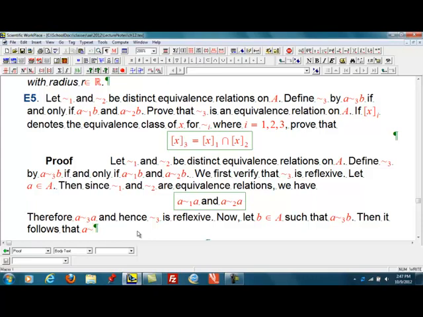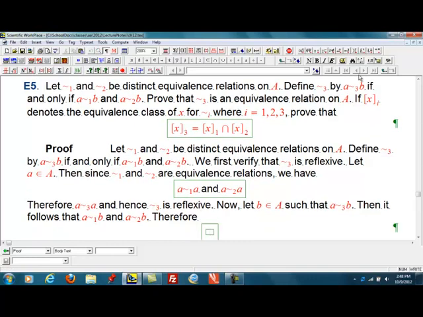I know that A is 1 equivalent to B, and A is 2 equivalent to B, right? That's our definition. And B is 1 equivalent to A. Therefore, yes, exactly.